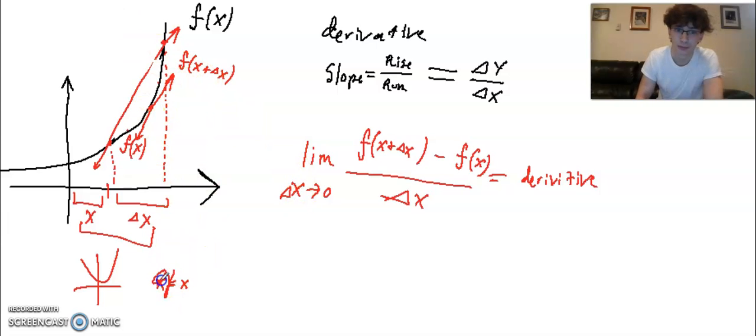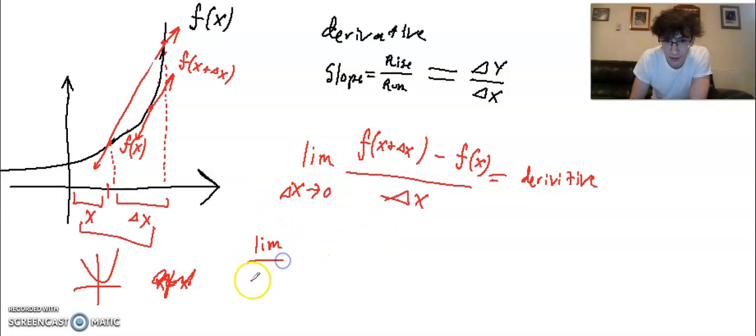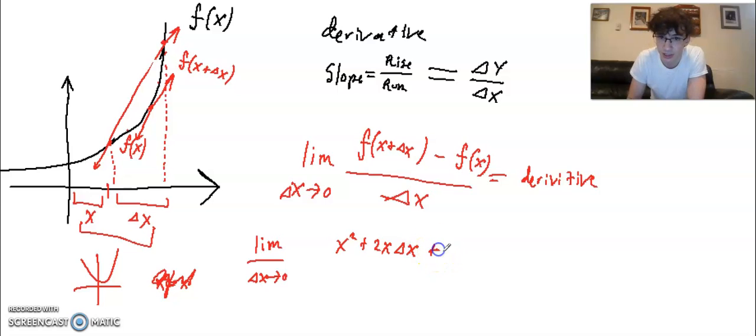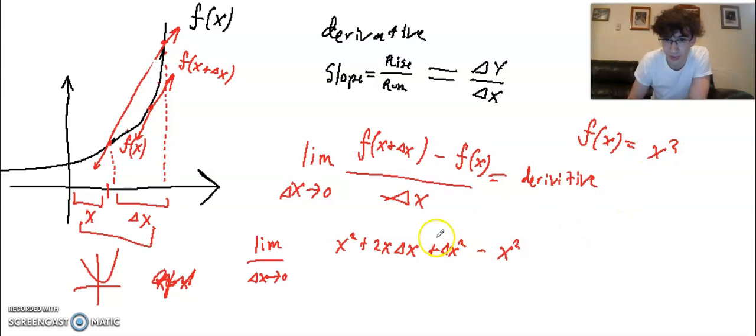And so the limit as delta x approaches 0, we found that this equals x squared plus 2x delta x plus delta x squared minus x squared, because I should write that. f of x is just x squared.